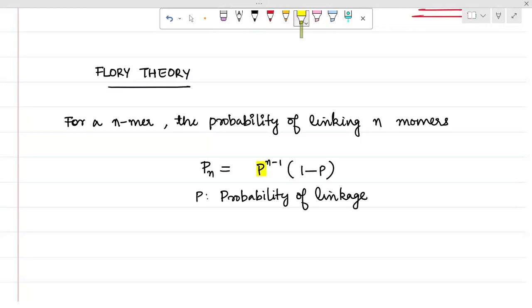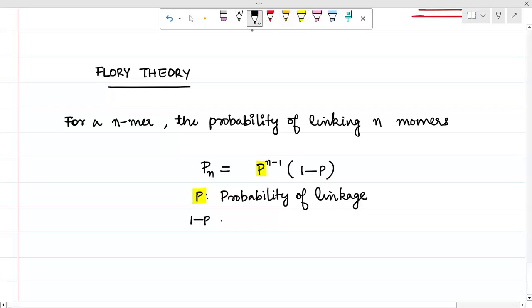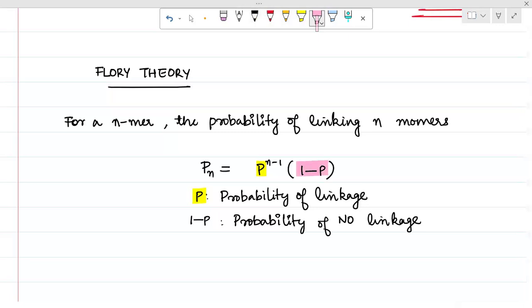This one, just P. And 1 minus P is the probability of no linkage. So this is a theory which was put forth by Florey.